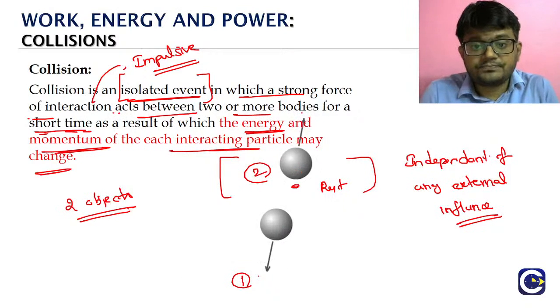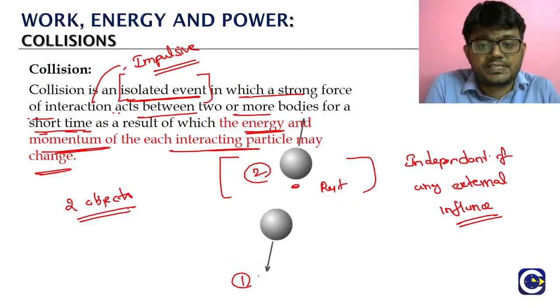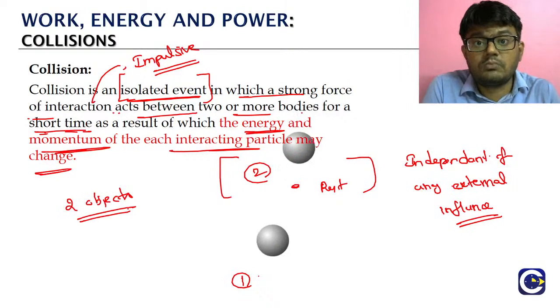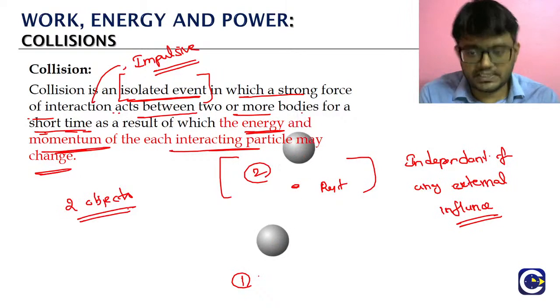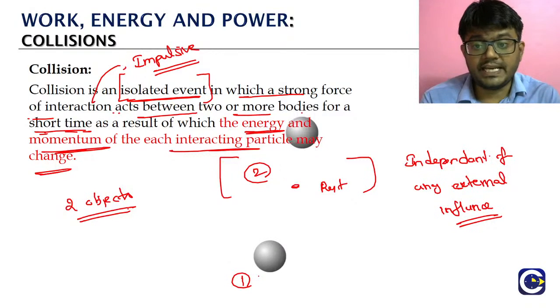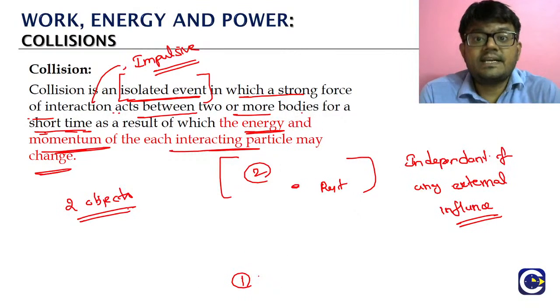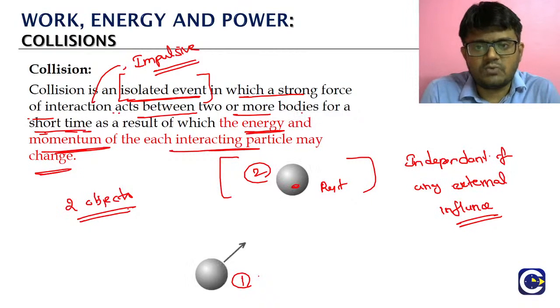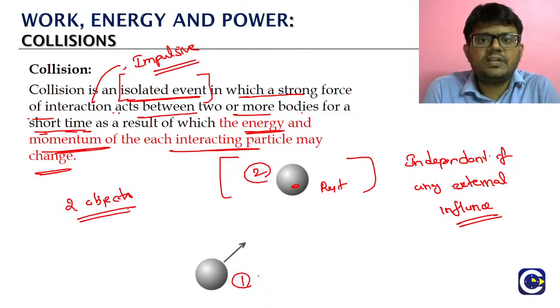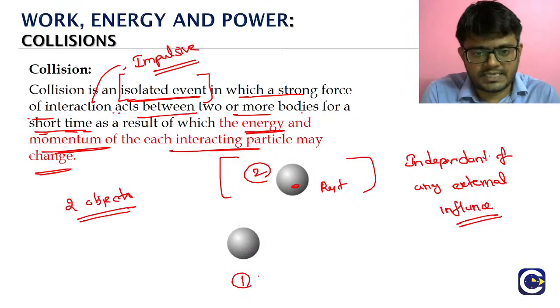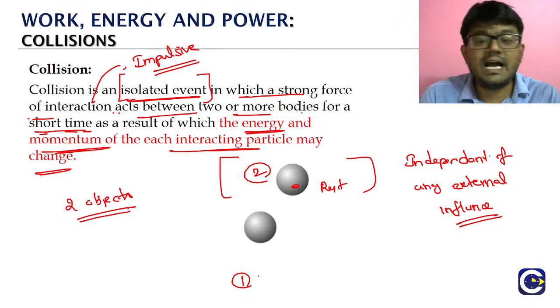When we say collision of two objects, we're talking about two extended bodies. In our collisions, we will look at both particles as well as extended bodies. But generally in practical examples, we see collisions of extended bodies or large objects. So this is about the idea of collision.